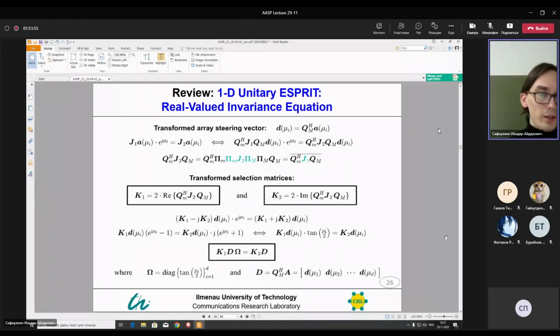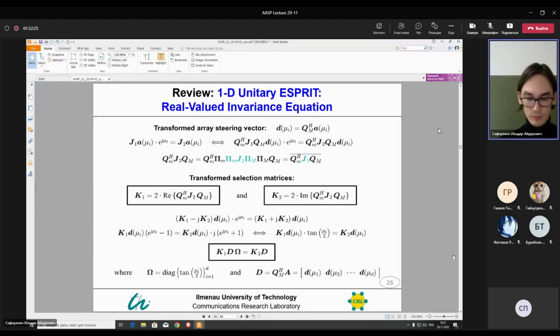And we have this connection between transformed selection matrices, and this matrix omega with values on its main diagonal as tangents of mu sub I over 2, where mu sub I are our special frequencies.